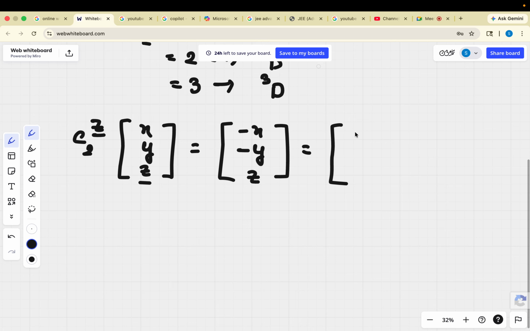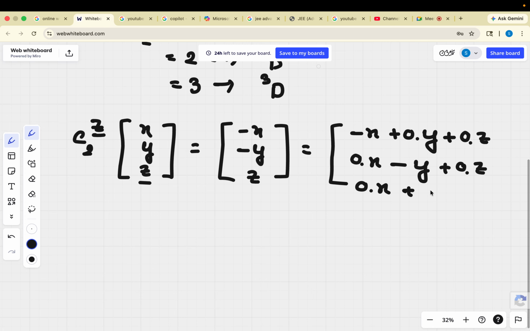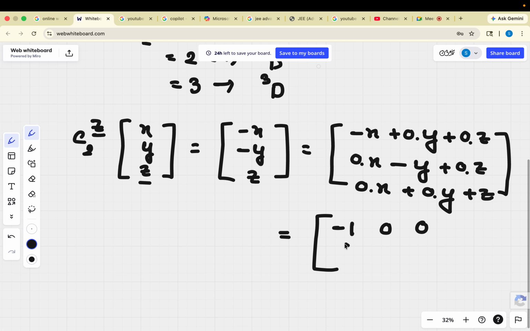So basically I can write down like this: minus X plus 0 into Y plus 0 into Z. Similarly I can write down 0 into X minus Y plus 0 into Z, and last I have 0X plus 0Y plus Z. So if I take common of X, Y, Z, what I will get? I will get minus 1 0 0, next you have 0 minus 1 0, and lastly you will have 0 0 1.